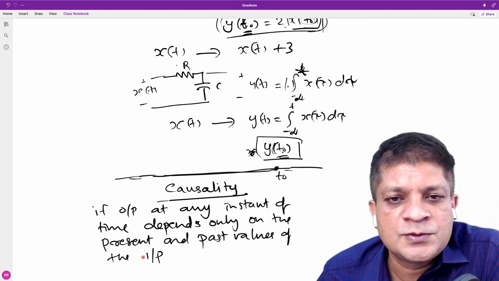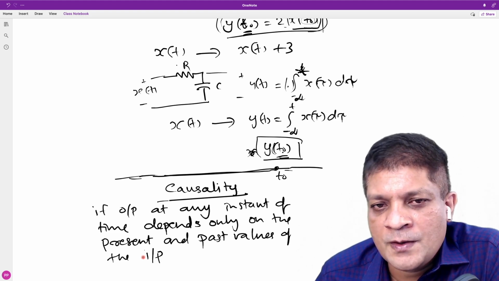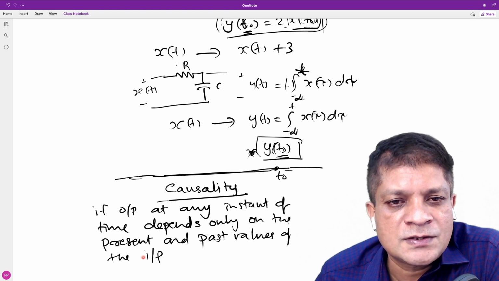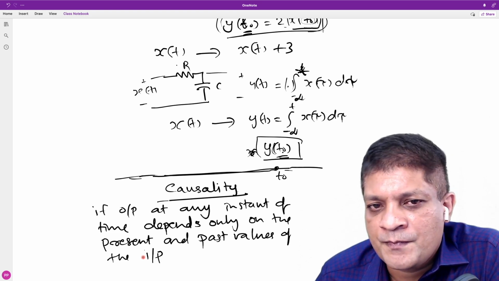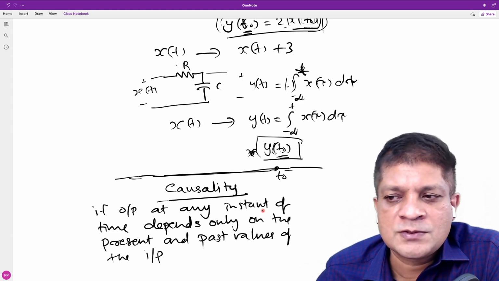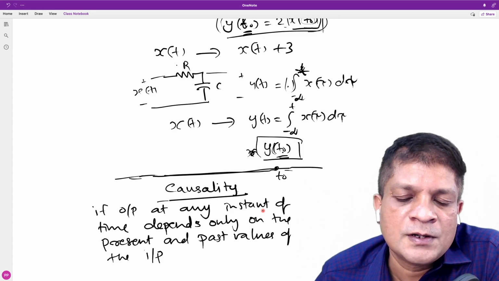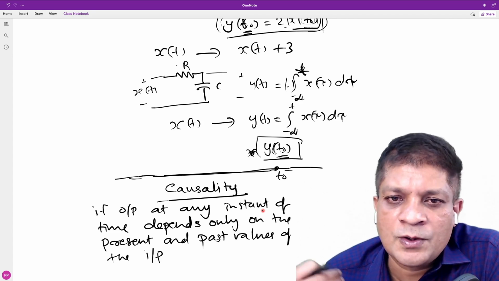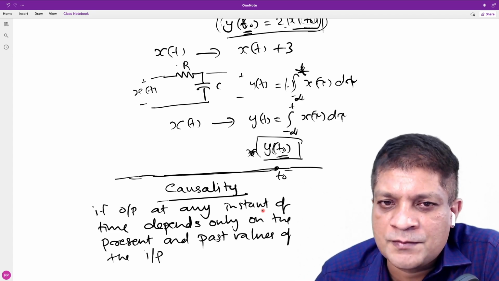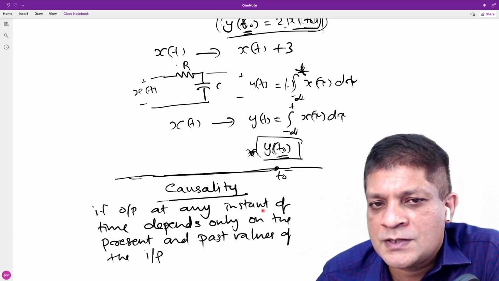That means it should not depend on the future value of the input signal. Then we can say that the system is a causal system. If the output at any instant of time depends only on the past values or the present value of the input and not on the future values, then it is a causal system.